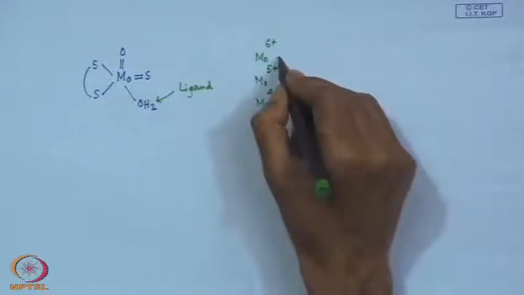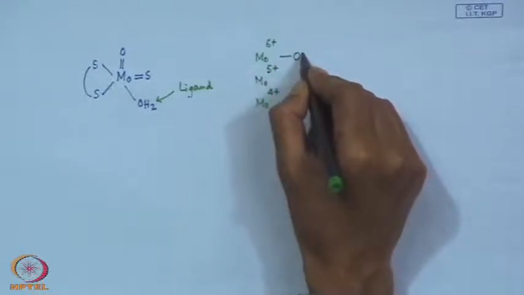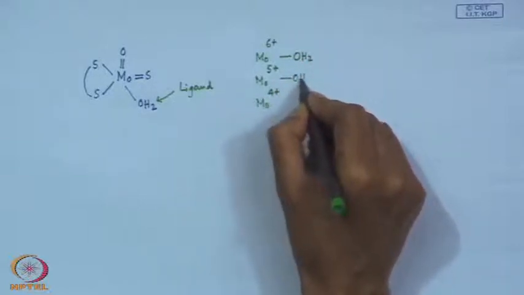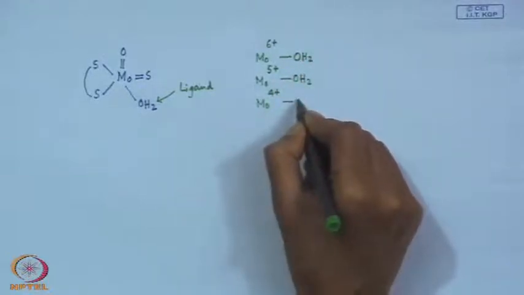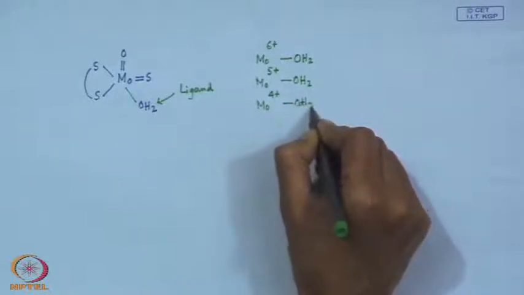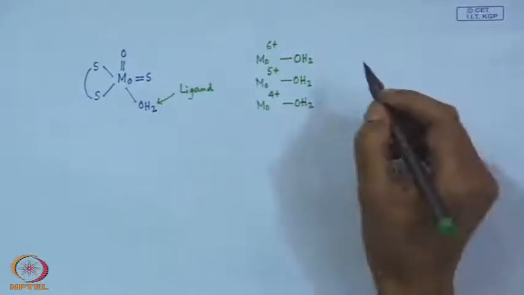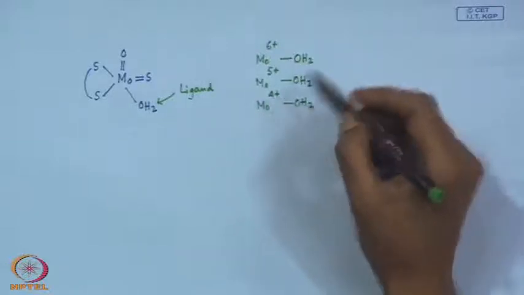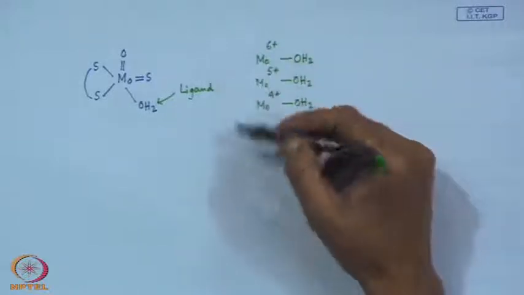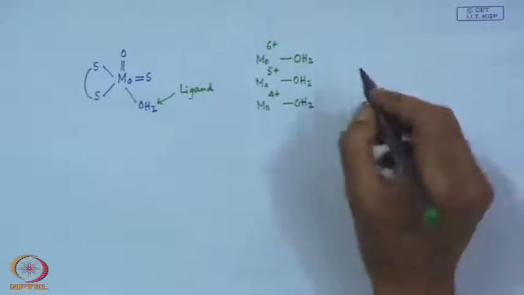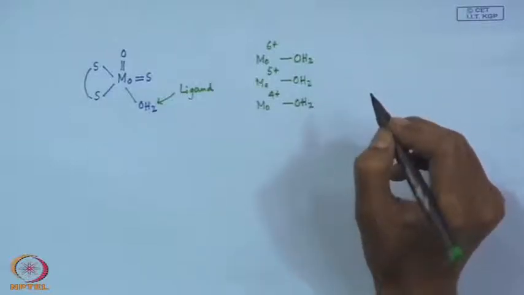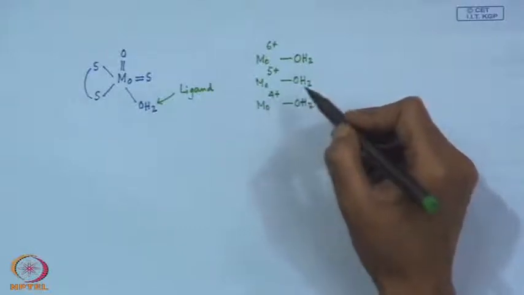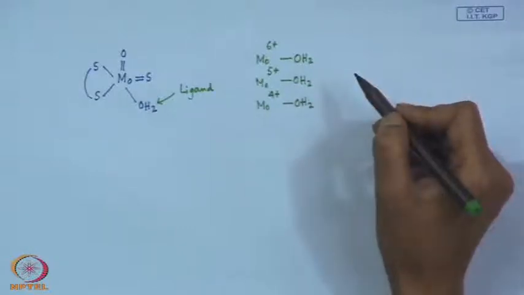And we are talking about all these centers bound to water molecules, which is true for all other metal ions also. When we dissolve any typical metal salt in water, we always get a corresponding complex species, like when we dissolve ferric chloride in water, we get the corresponding hexaaquaferric ion in +3 oxidation state.